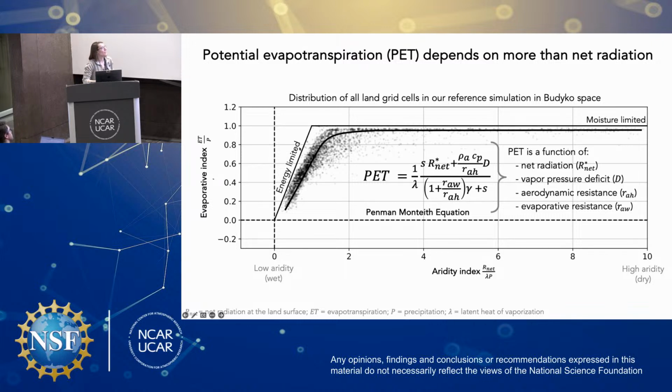All these grid cells fall below the theoretical energy limit because evapotranspiration in an energy limited place isn't just limited by net radiation, it's also limited by VPD and aerodynamic and evaporative resistance. So we should think of this part of Budyko space as being limited by PET.